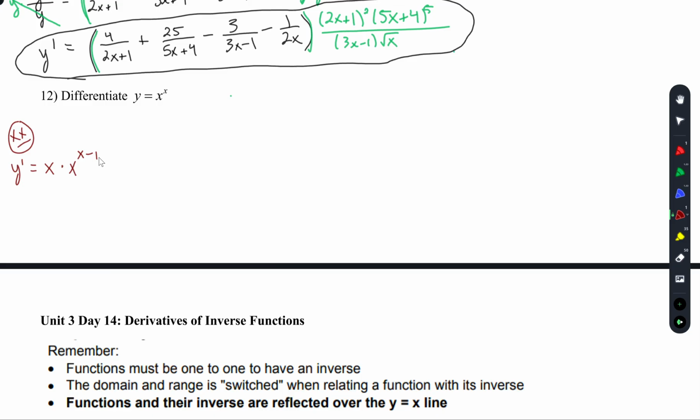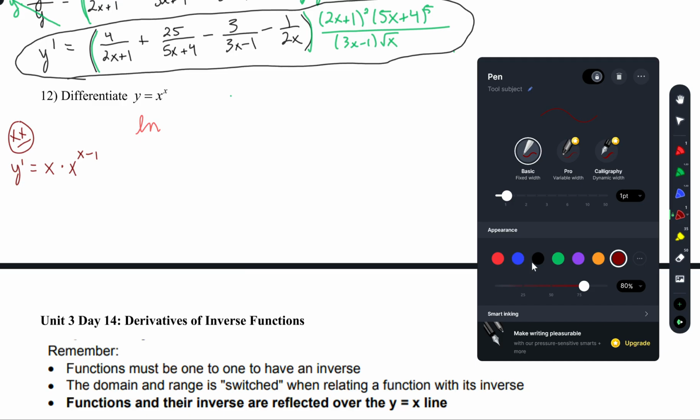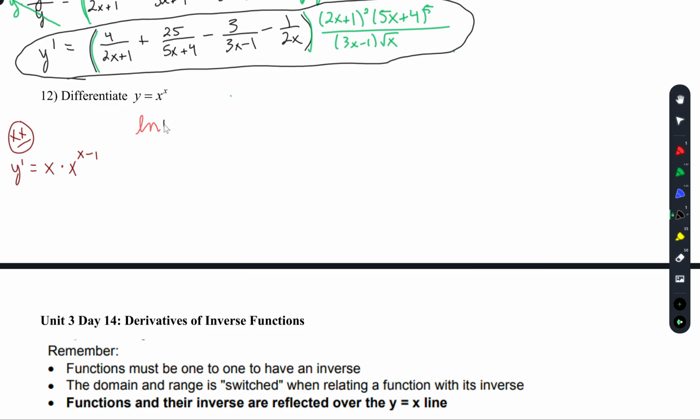If you have x to the sine x power, or like 2x to the tangent x power, anything where it's two variables, this is the strategy. And the strategy is the natural log business. So you're going to take the natural log of both sides. The reason being is you need that exponent down.